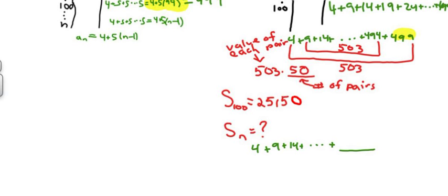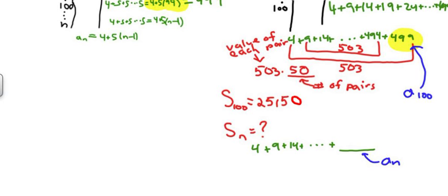Well, if you remember, when we're adding up the first 100 terms, we stopped at the value of the 100th term, which was 499. That was a sub 100. So for this one here, instead of a sub 100, we're going to have a sub n.